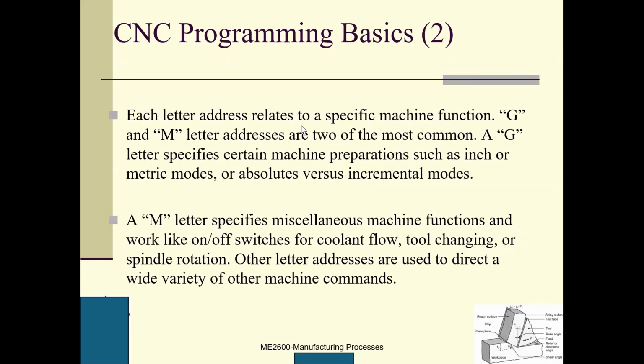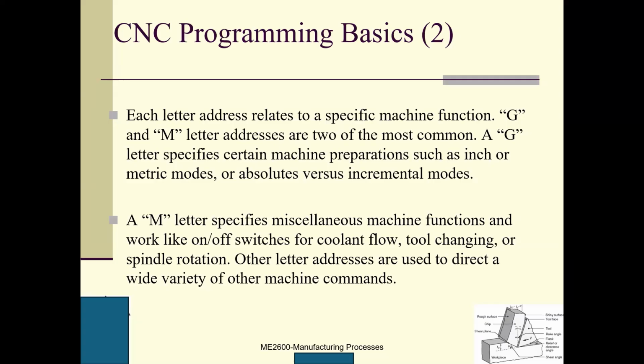Each letter address relates to a specific machine function. Every different letter has a different meaning. Mainly G code and M code; G and M addresses are two of the most common letters. The G letter specifies machine preparations, such as inch or metric modes, or absolute versus incremental modes.